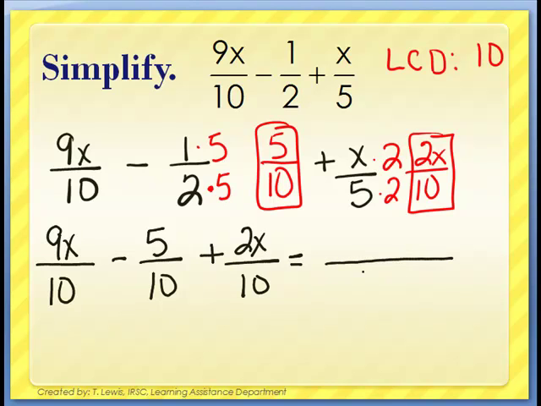Common denominator is 10. Bringing together your numerators. Now look at your numerators. We have 9x minus 5 plus 2x.